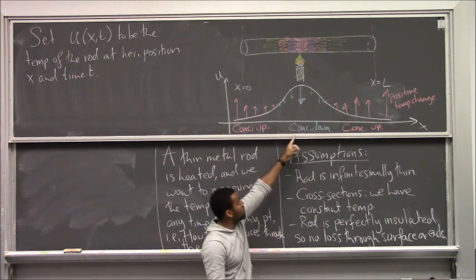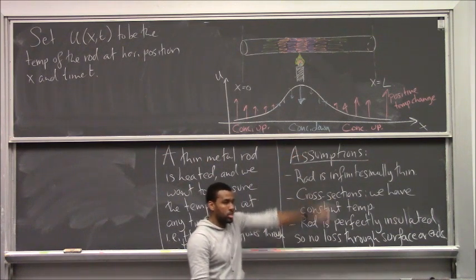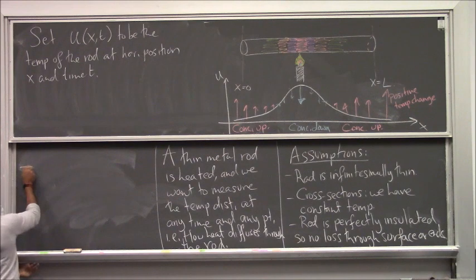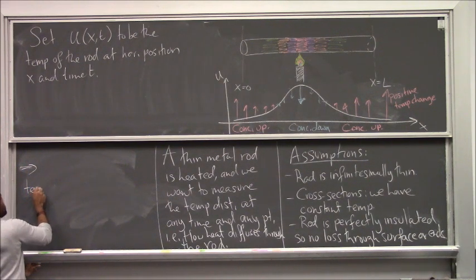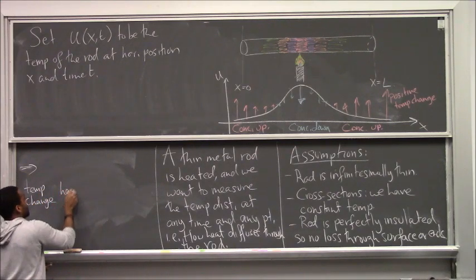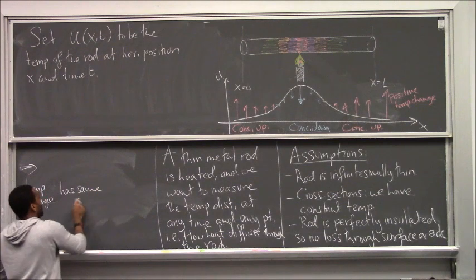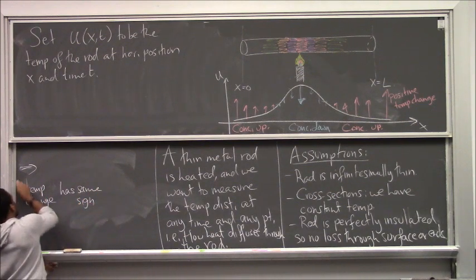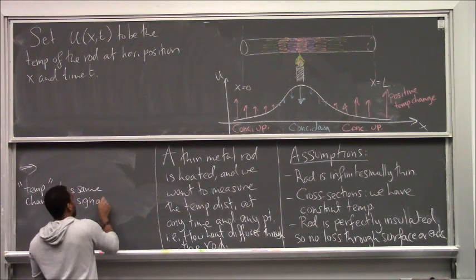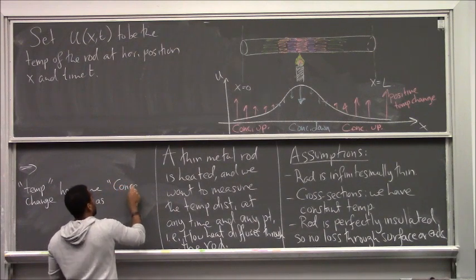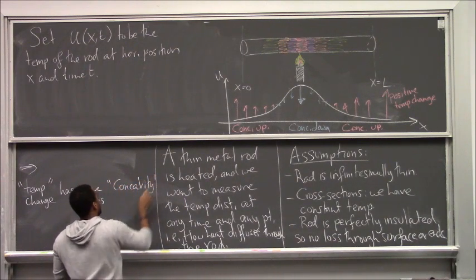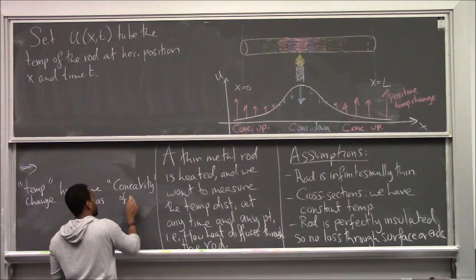Whenever it's concave down, the second derivative is negative, the temperature change is negative. What you notice here is that the temperature change has the same sign as the concavity, at least of the wave profile.